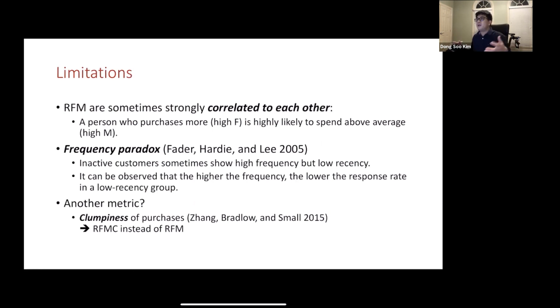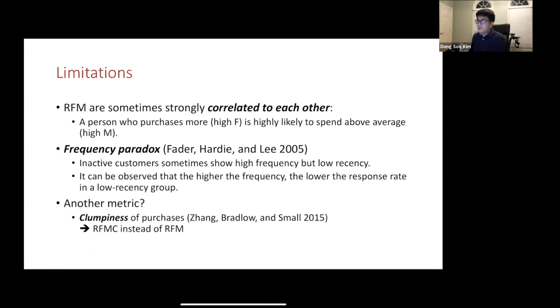Second, RFM sometimes fail to predict. An example is frequency paradox. Consider a customer who used to very frequently place an order but now is inactive. So this customer's recency is low. This customer may not respond to any offers.